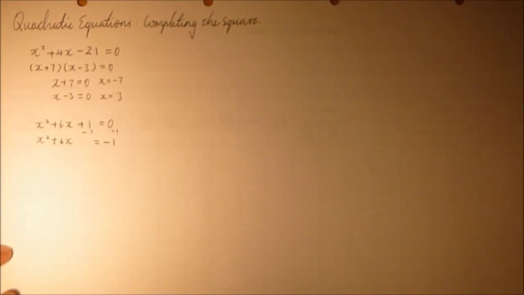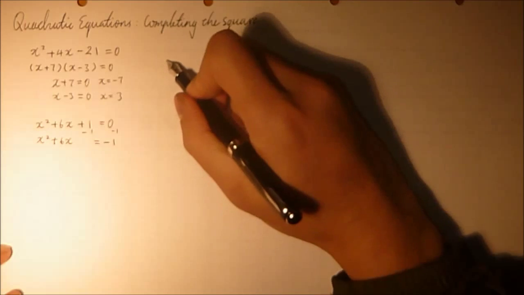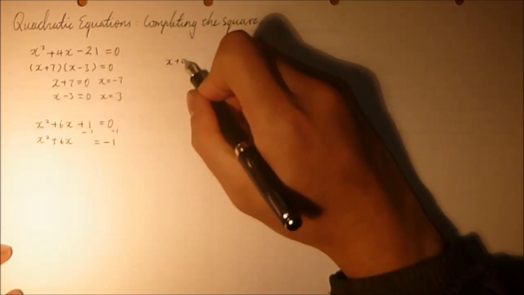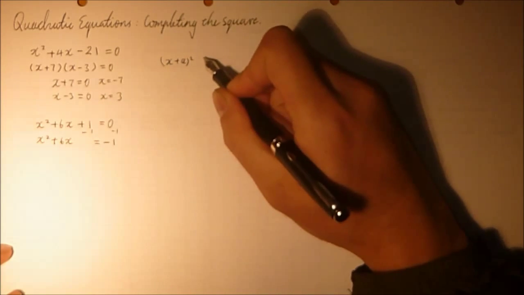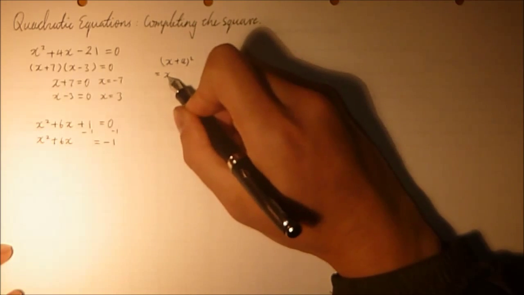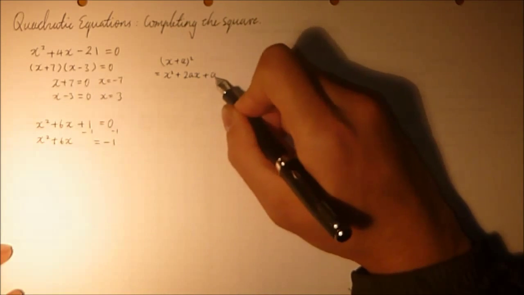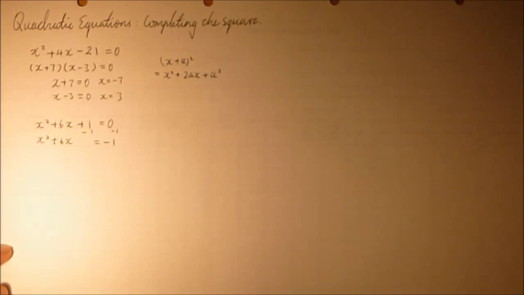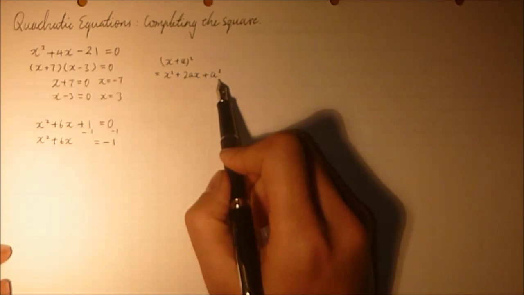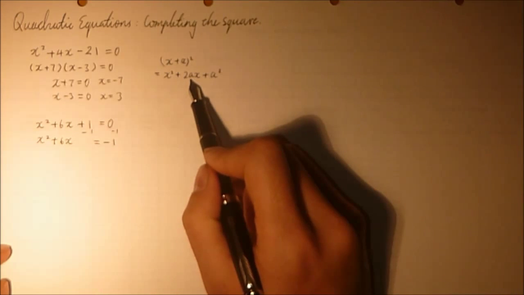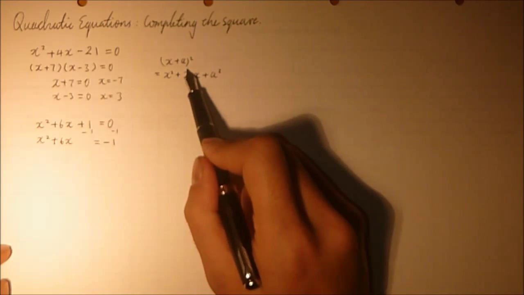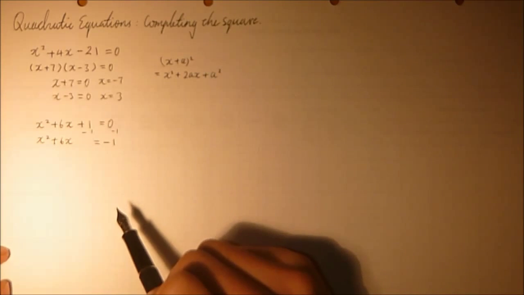And now, remember perfect square: (x + a) squared equals x squared plus 2ax plus a squared. And the third term has to be the half of the second term squared.